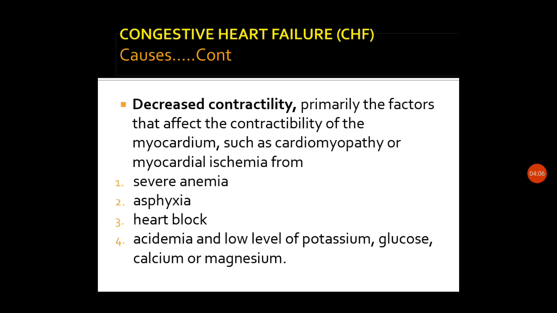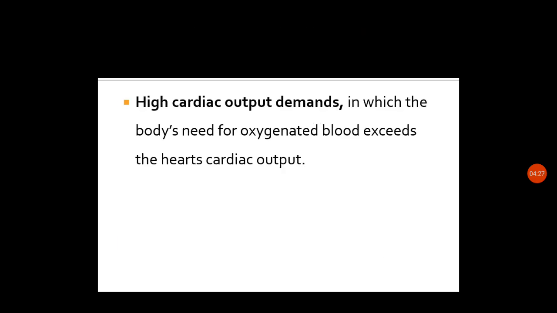But in children, it can be severe anemia, asphyxia, heart block, acidemia, and low levels of potassium, glucose, calcium, and magnesium. All these conditions lead to decreased contractility in children, resulting from myocardial ischemia.